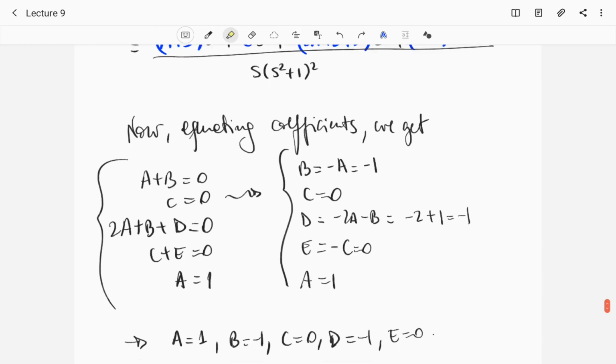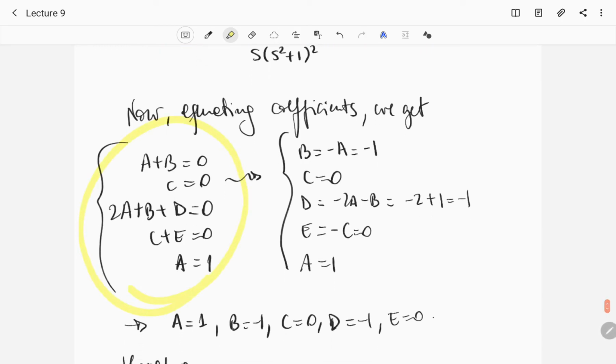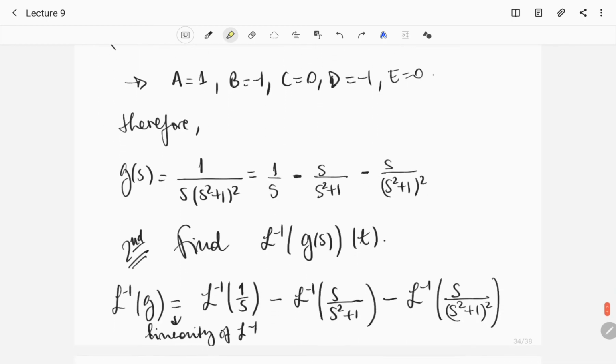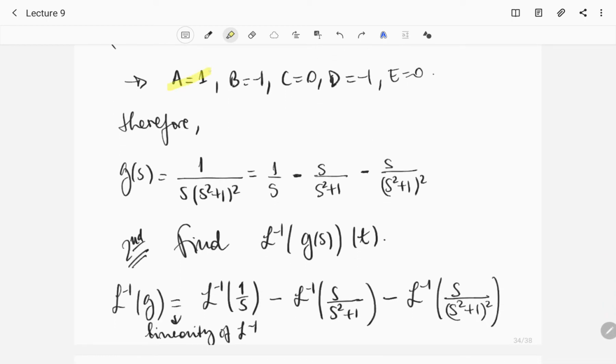So equating coefficients in this example, we get this system. And solving this system, again, you can check if I made any mistake, we get these numbers: A is equal to 1, B is minus 1, C is 0, D is minus 1, and E is 0. Okay, so our function g, which was this rational function, can be written in this nicer way: 1 over s minus s over s squared plus 1 minus s over (s squared plus 1) squared.